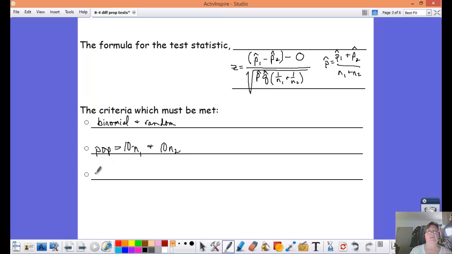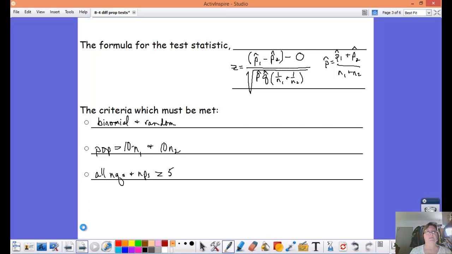And finally, the sample size. All np's and nq's have to be greater than or equal to 5. So that's exactly what we said yesterday for the confidence interval on this same statistic.